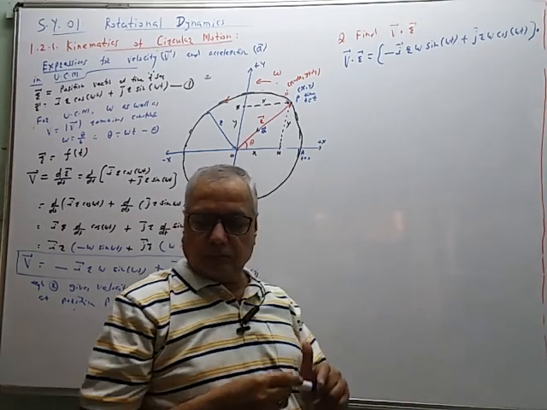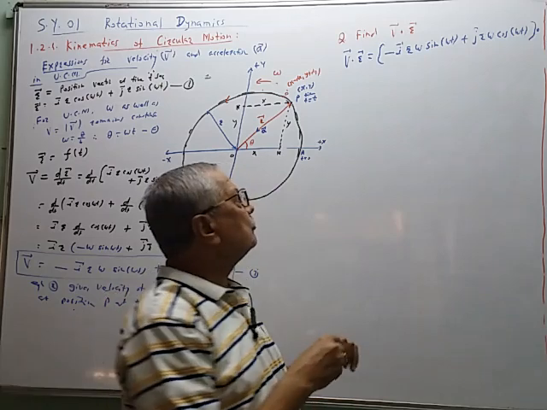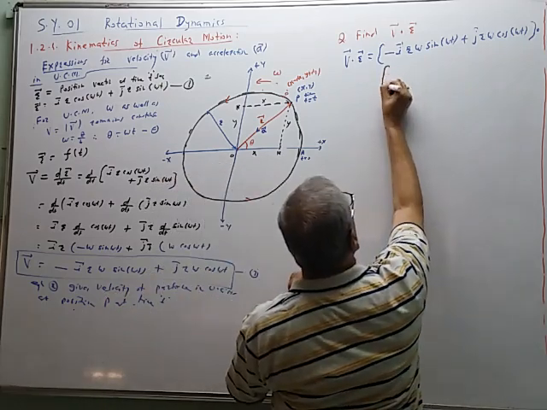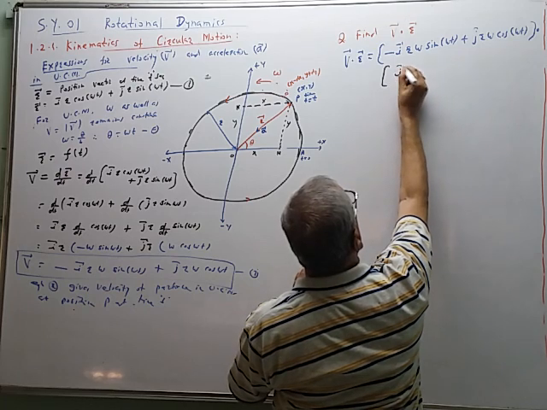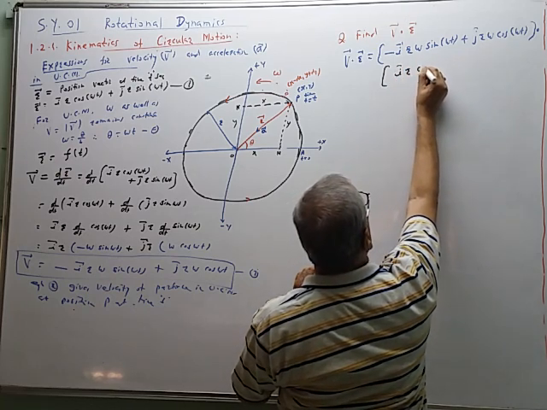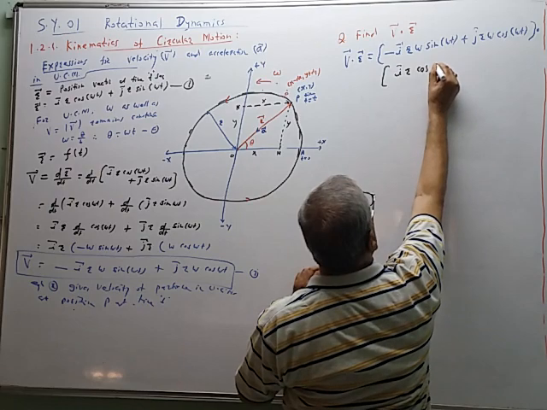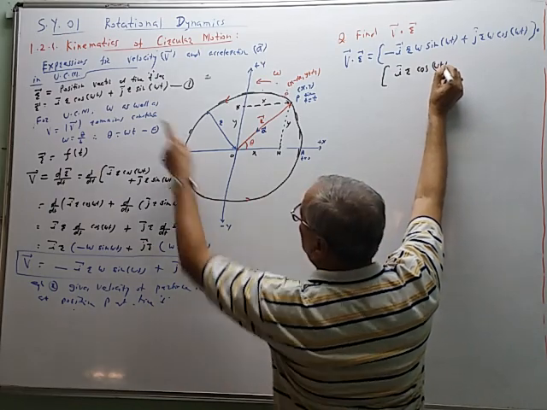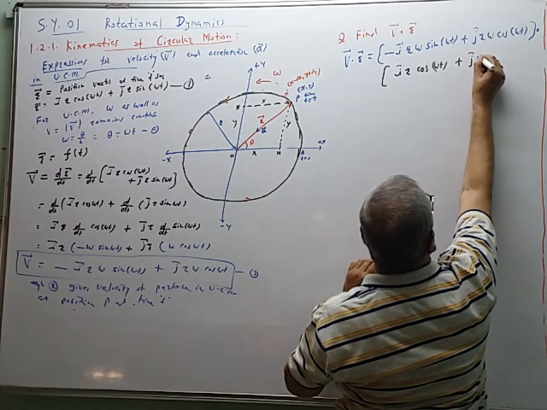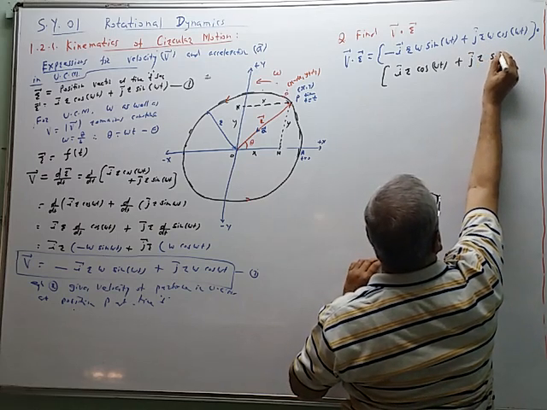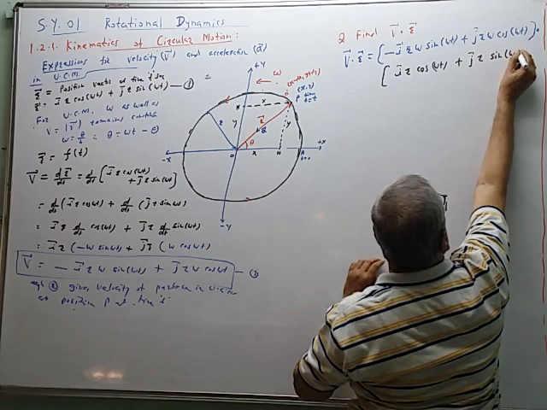dot i r cos of omega t, this is plus j r sin omega t.